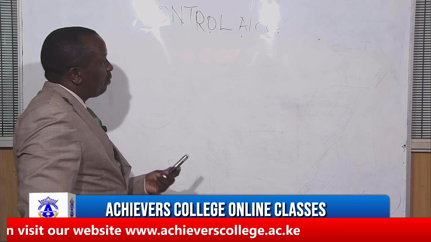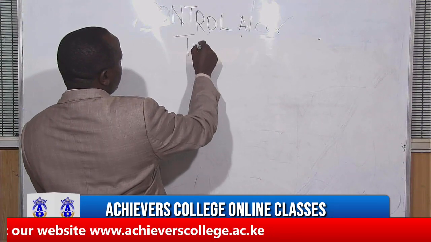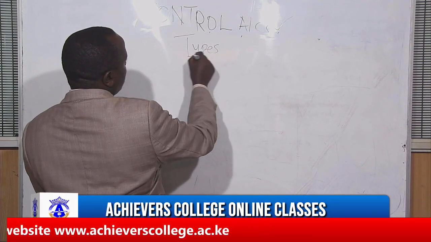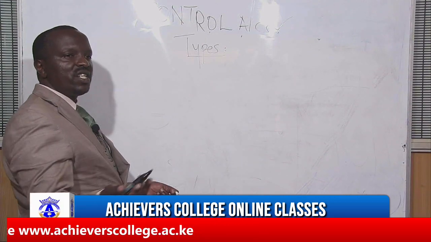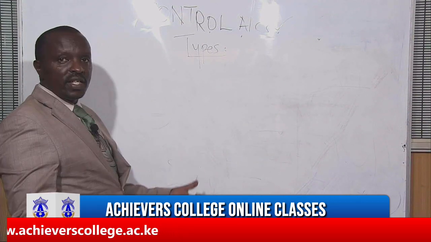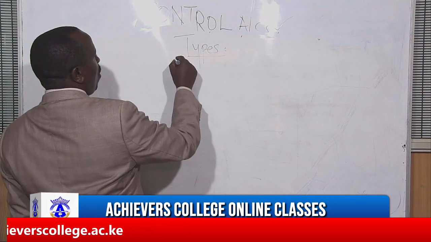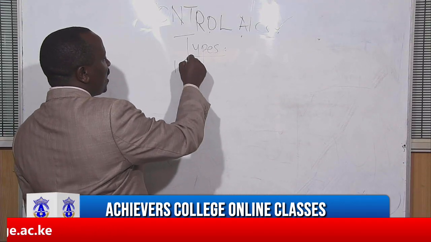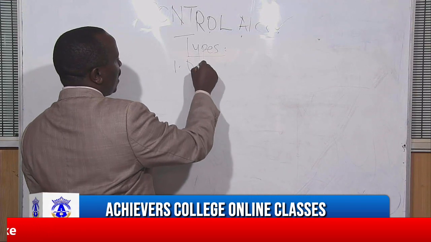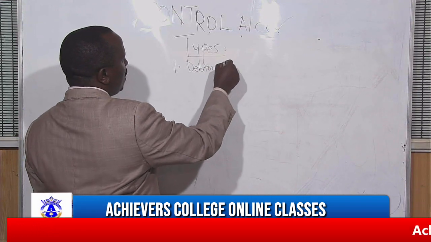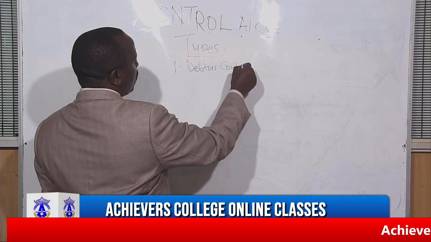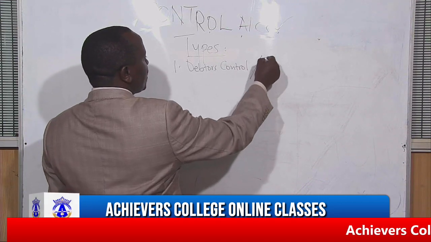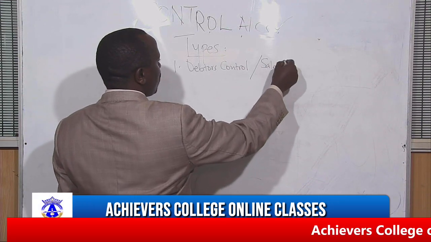And when we talk about types of control accounts, I will concentrate with only two for this particular class. One control account I will concentrate with is the debtors control account, which is also called the sales ledger control account.